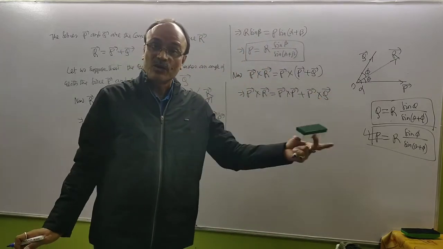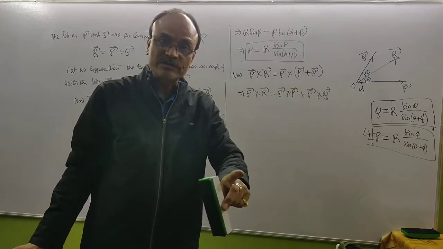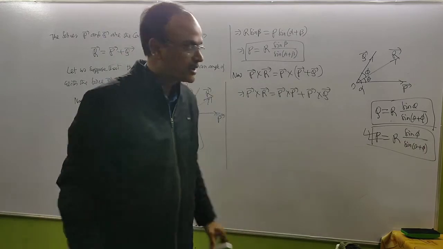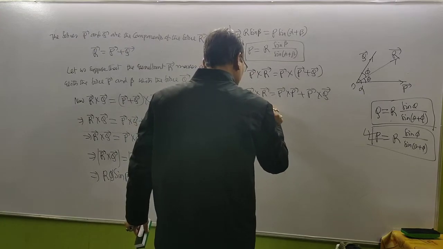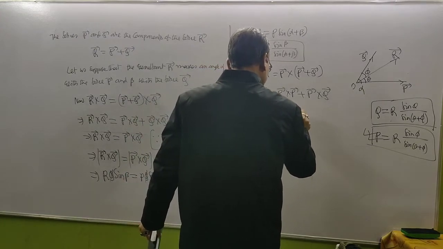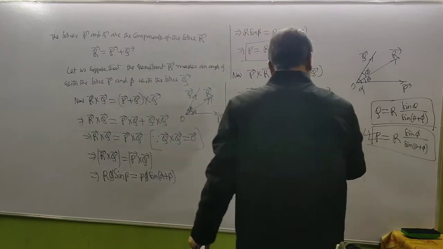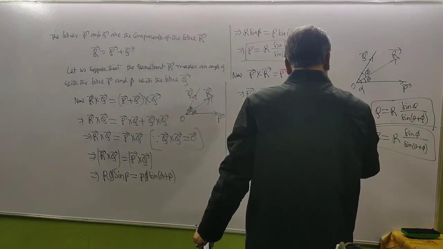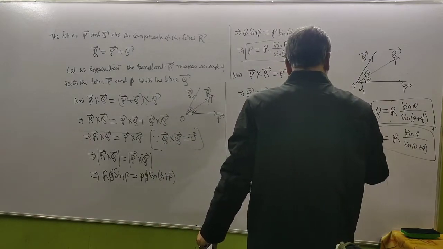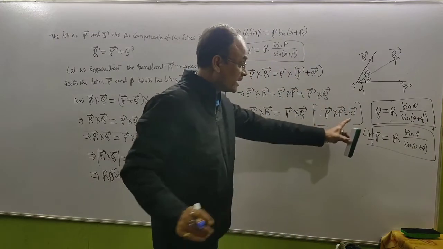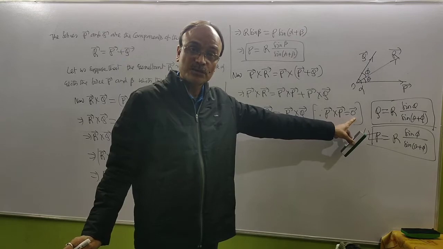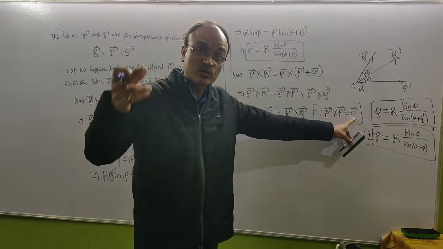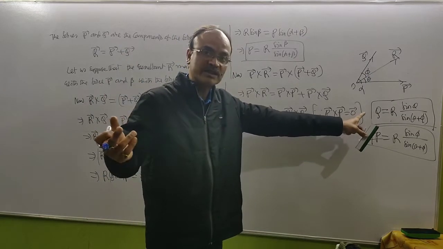Now the cross product of two equal vectors is equal to the zero vector. I have written zero vector here because the dot product of two vectors is a scalar quantity, but the cross product of two vectors is a vector quantity.